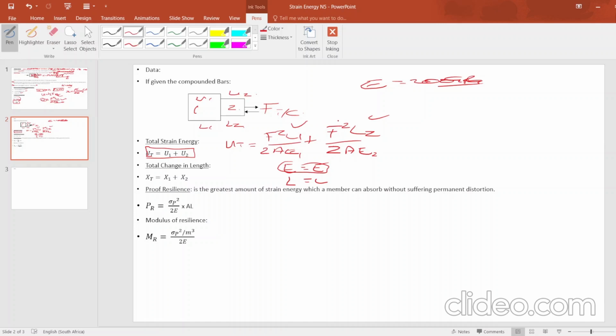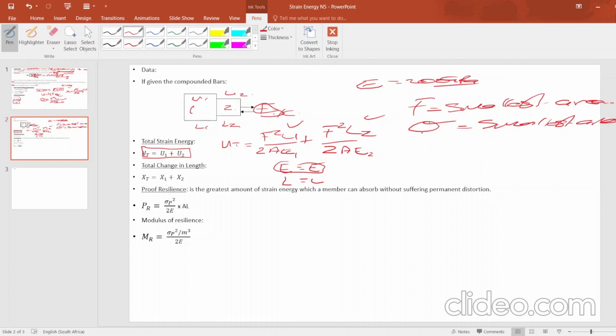Then for force, it is common. The force that is applied there is common. But what is it that we know about force here? We know that force, let's say you are not given force, is calculated from the smallest area, as much as stress is calculated from the smallest area.